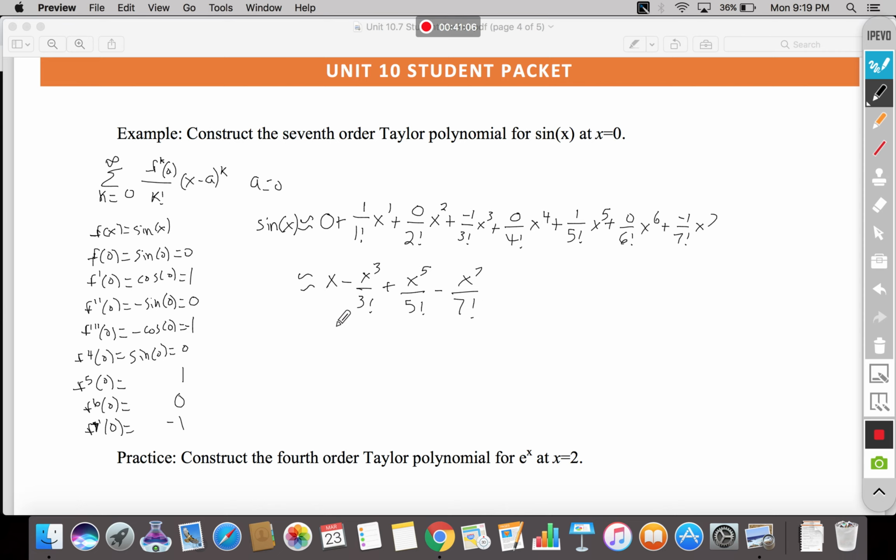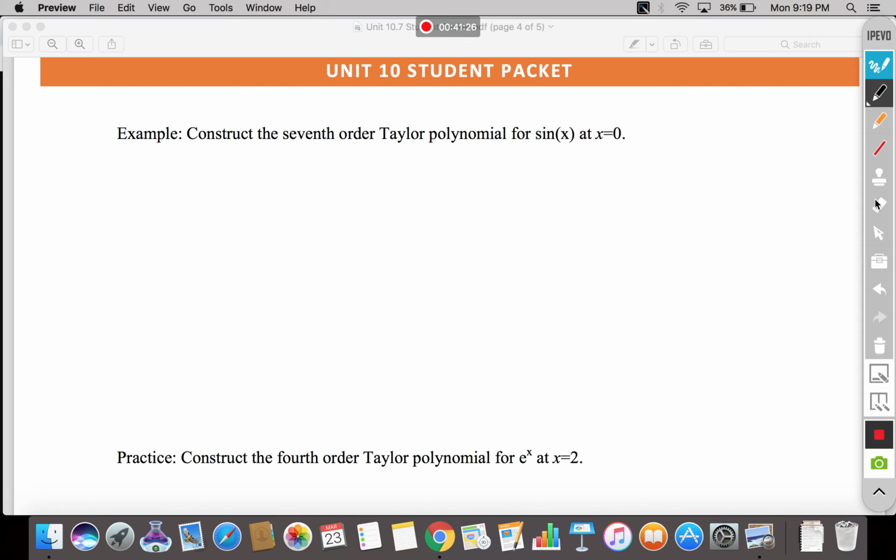All right, but there's the 7th degree Taylor polynomial approximation for sine of x. And we could plug in an x value here that would approximate the sine value of x. We don't know the radius of convergence, so we don't know how close we need to be to 0 to make that good. But a little hint, a little sort of cool thing about sine.